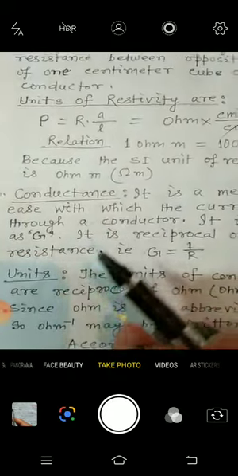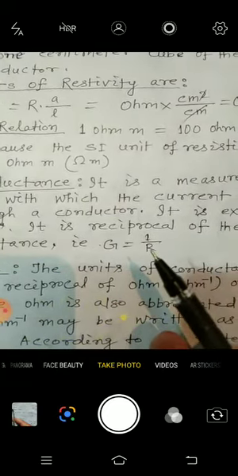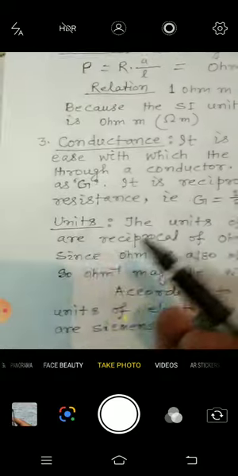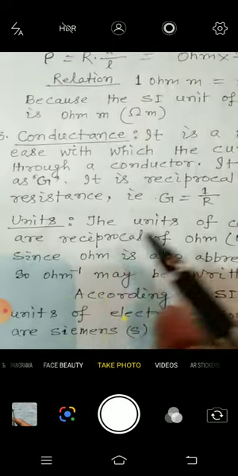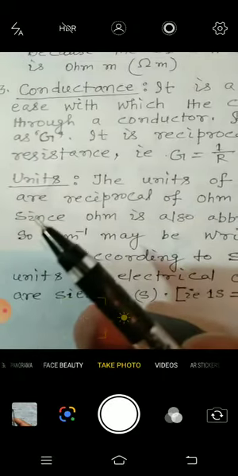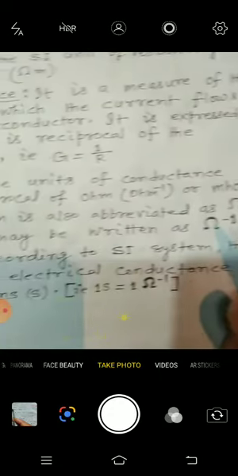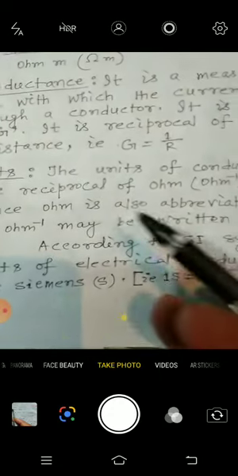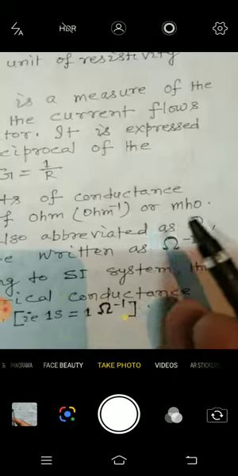So the conductance is equal to the reciprocal of R, meaning 1 by R. Units: the units of conductance are just the reverse of resistance, that is, since ohm is also abbreviated like this, the units of conductance are reciprocal of ohm, that is ohm inverse or mho.